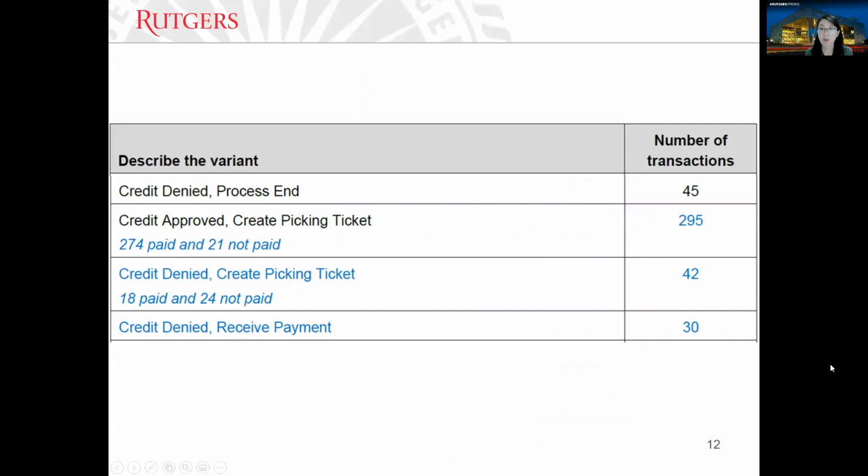In this case, process mining tools summarize all the variants that are identified with the number of transactions. Users can determine which variants are acceptable and which ones are not. So in our example here, clearly the first two variants are acceptable, but the last two variants are not.